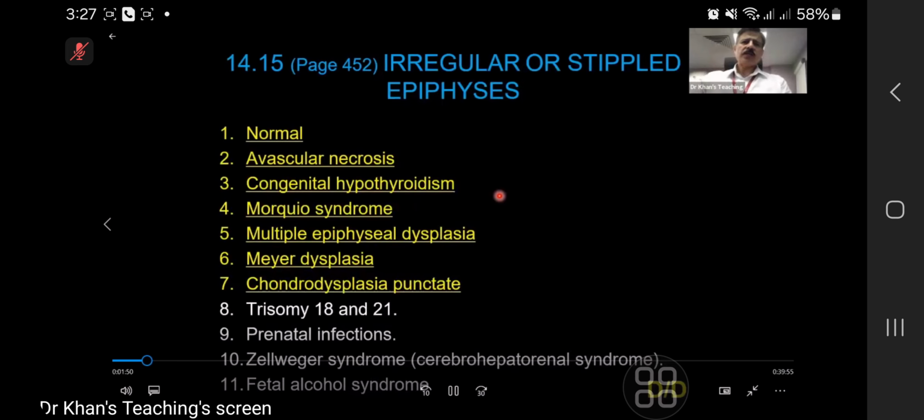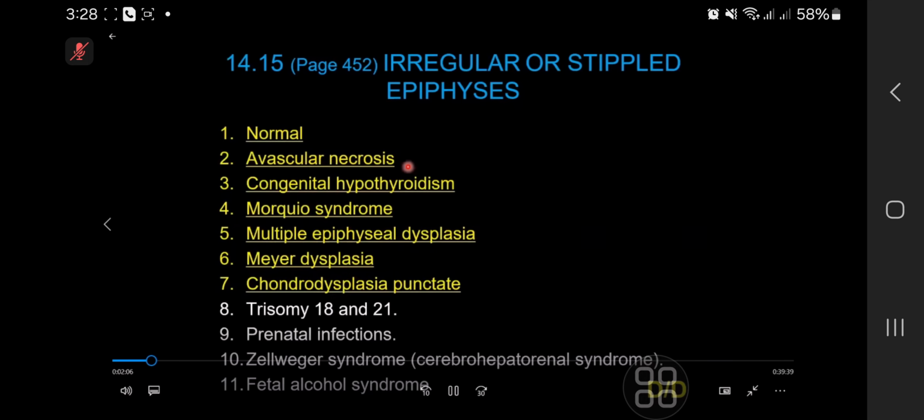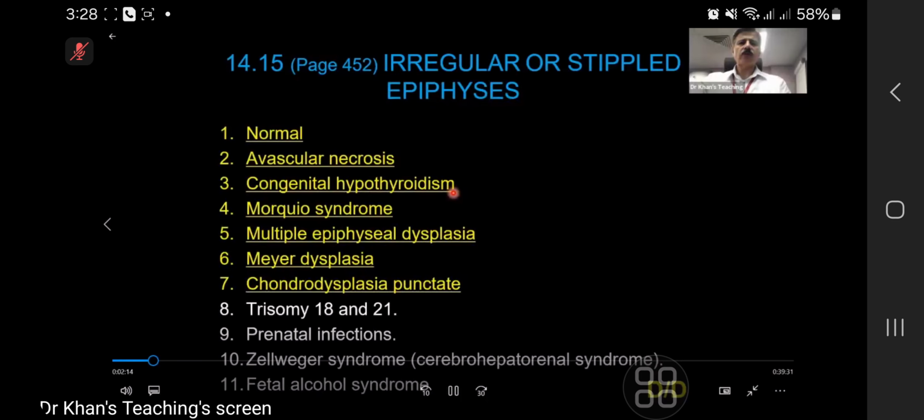So if you see here, this is the differential diagnosis of irregular or stippled epiphyses. Normal is a spectrum. Avascular necrosis, please remember that it can be bilateral in 10%, but the age group is different, 4 to 8, 4 to 9, that's the age group. Congenital hypothyroidism or cretinism is a very important one.